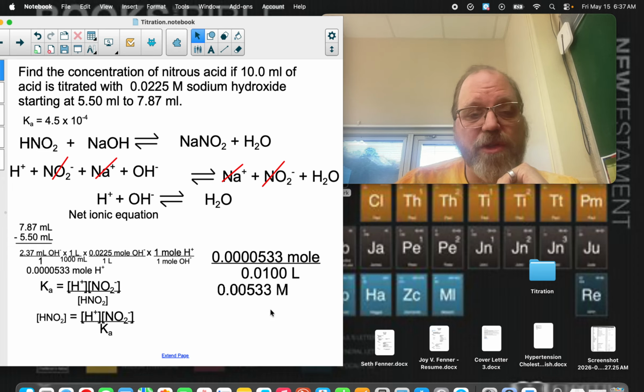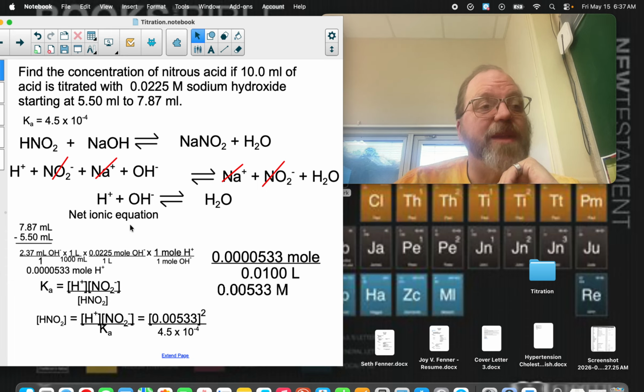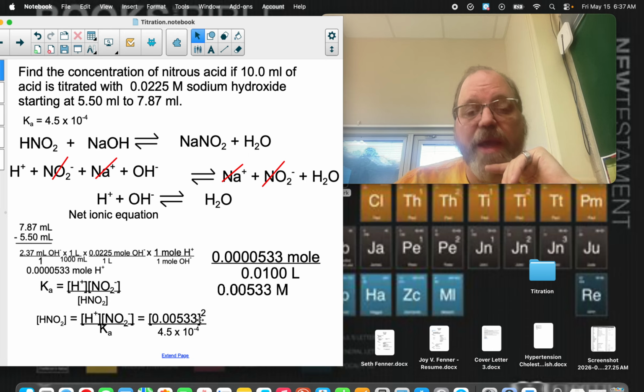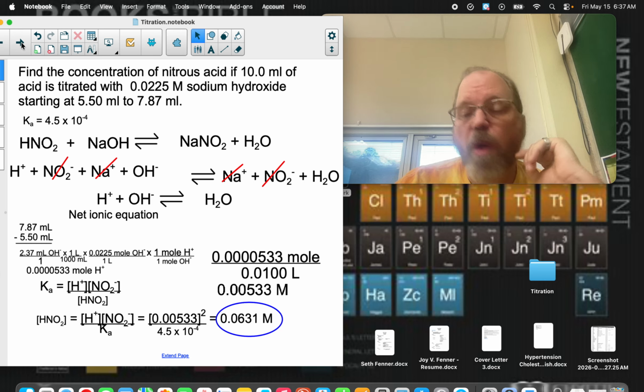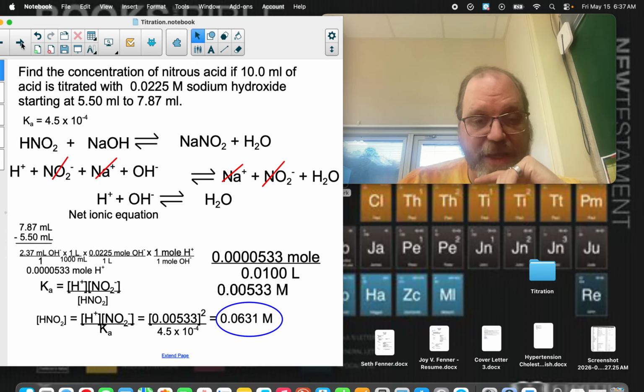Now we know the hydrogen ion, and we know that it's 1-to-1, so that's going to be the nitrite ion as well. So that's going to be 0.00533 squared, divided by 4.5 times 10 to the minus fourth. When we do that, we get a 0.0631 molar concentration for my nitrous acid.